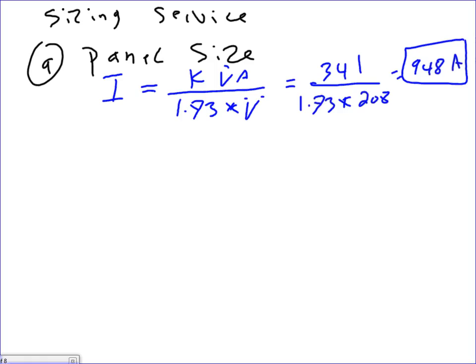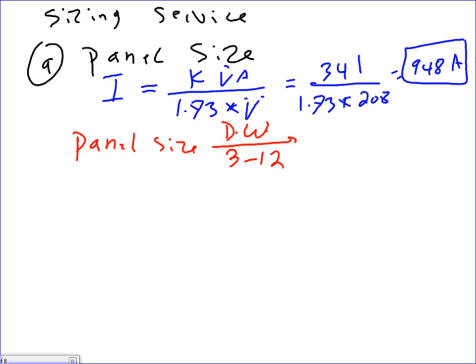Now I want to size the panel. Remember, that's just the bus inside the panel. I want to take this amperage to size the panel, so I'm taking you guys to the DeWalt. Where are my panels? 3-12.